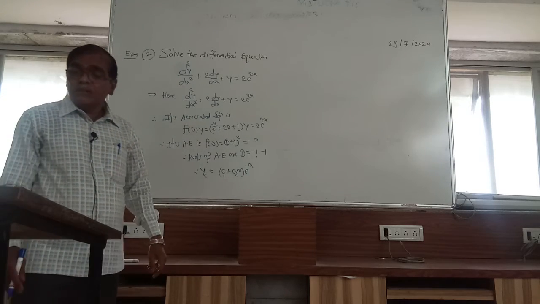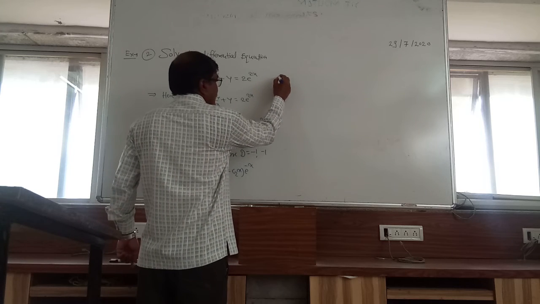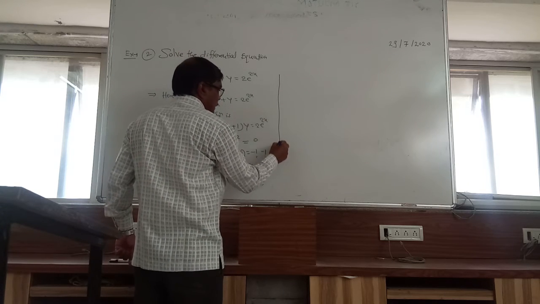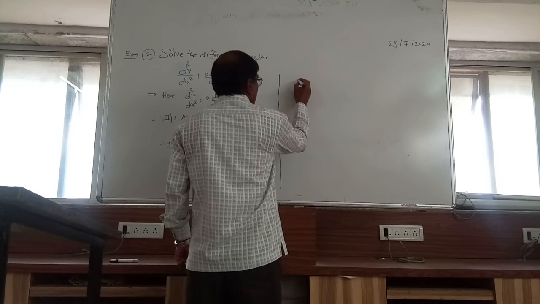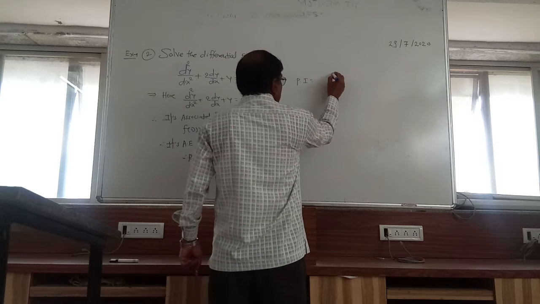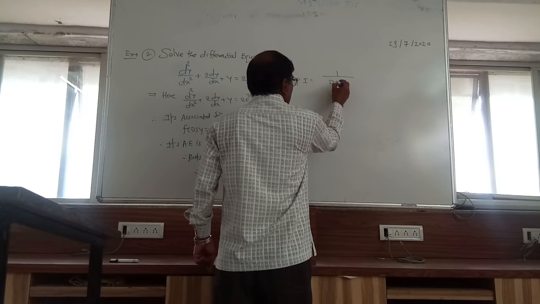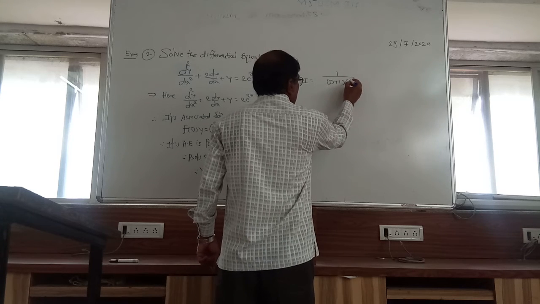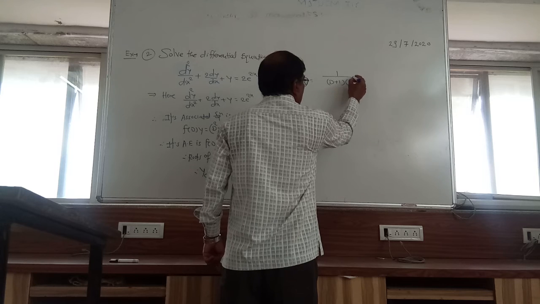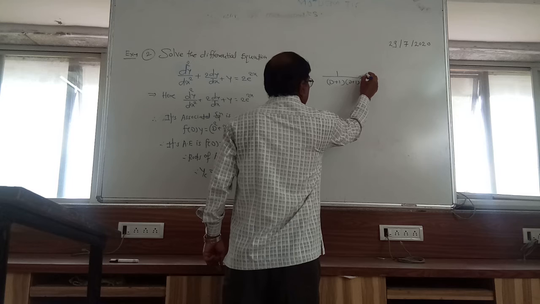Now we have to find the particular integral, that is yp is equal to, by the inverse differential operator, 1 upon D plus 1 bracket square of 2 into e raised to 2x.